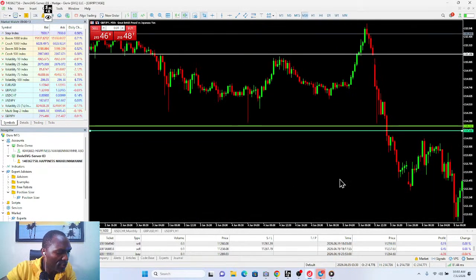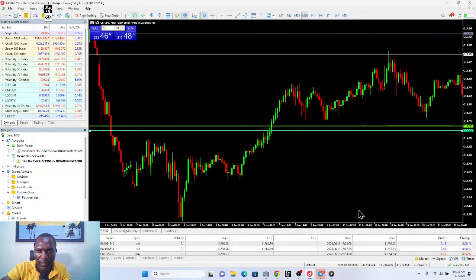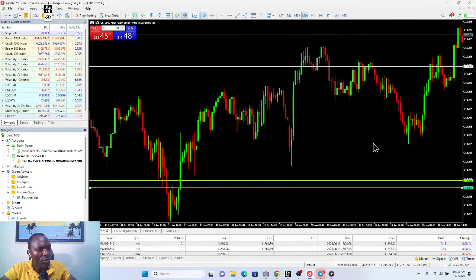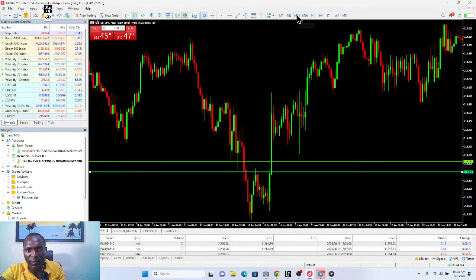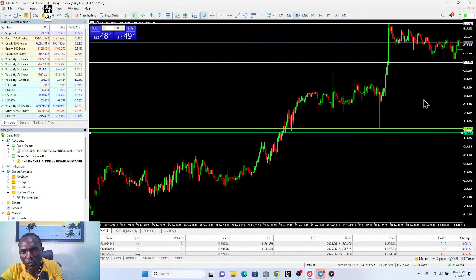Finding the key levels will really help us.